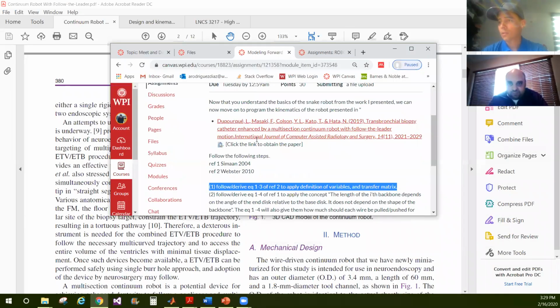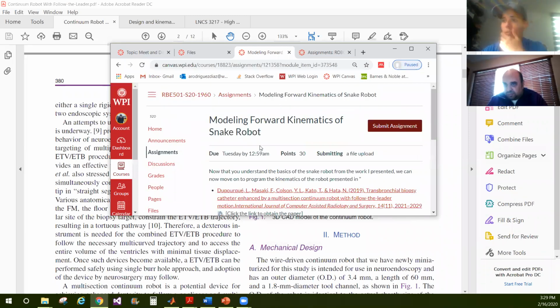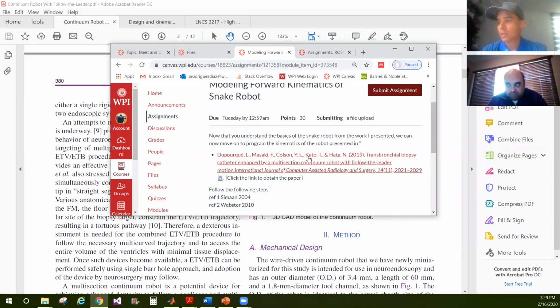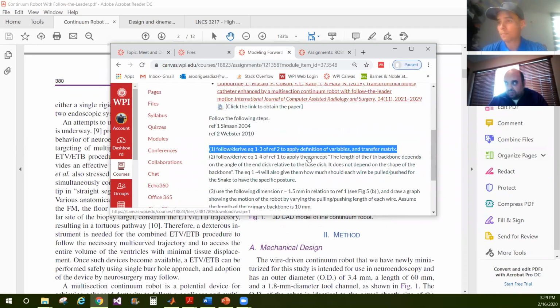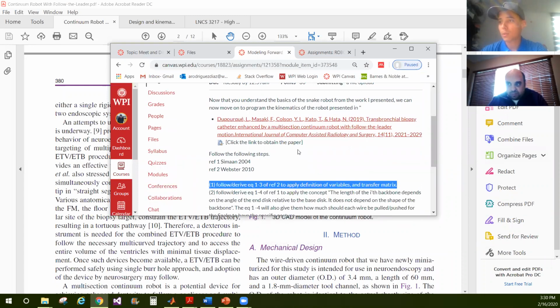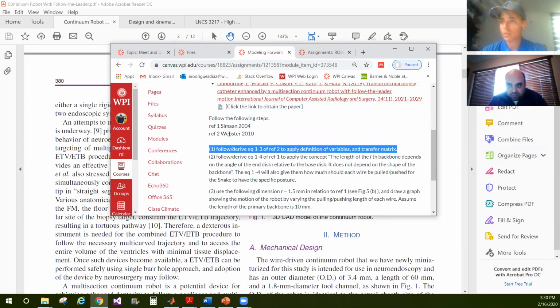Yes. Okay. So this meeting is about us covering the modeling forward kinematics of snake robot. The second group assignment. So as we were talking about, we're supposed to cover the Newport key robot or the transbronchial biopsy catheter using the references from Seaman and Webster, which we have here in the PDF.